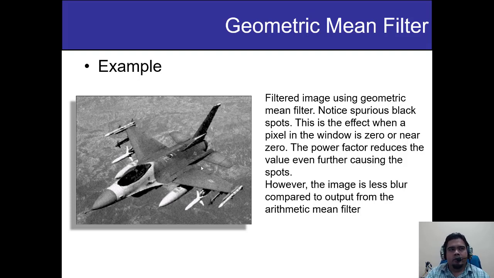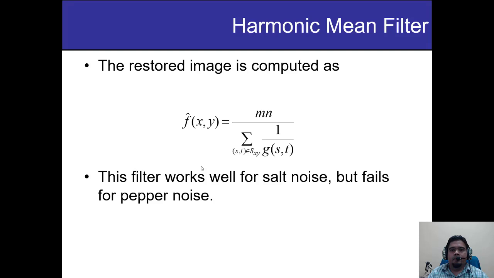But for the harmonic mean filter, you can see that this filter works well for salt noise but fails for pepper noise. If your image is only affected with salt noise, then you can use this filter.